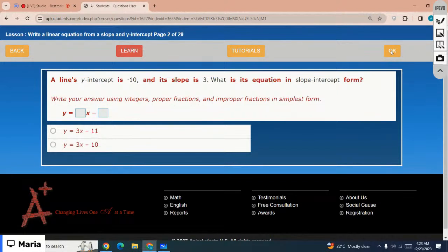So which is the correct option? That is equation number 2, y equals 3x minus 10 is the correct option. Very good.